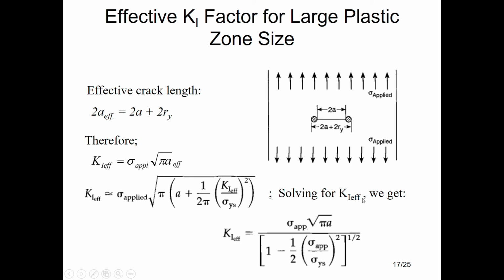Solving for K1 effective, we get this equation. You just apply everything you see here: what is sigma applied, what is your crack length, 2a divided by 2, and what is your applied stress, divided by the sigma yield. You will get the effective stress intensity factor for the large plastic zone size.